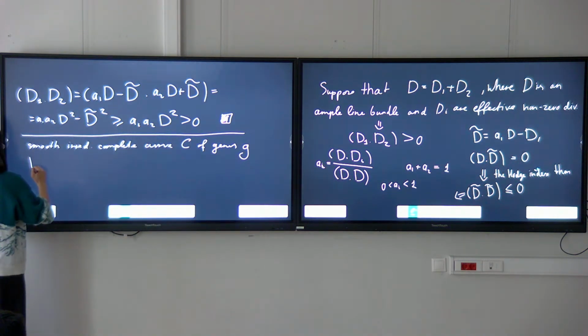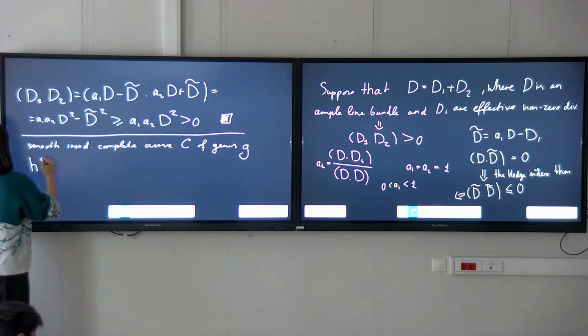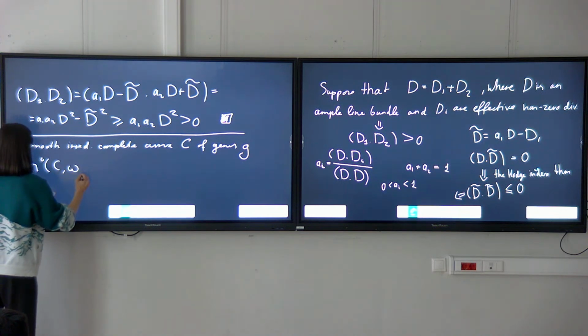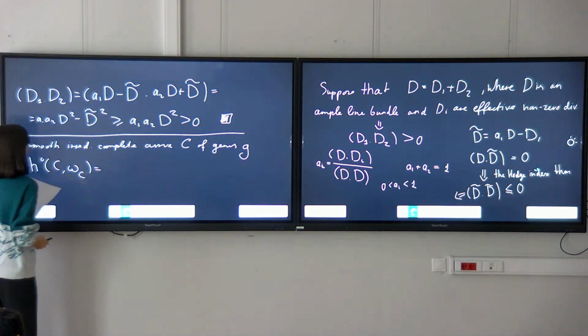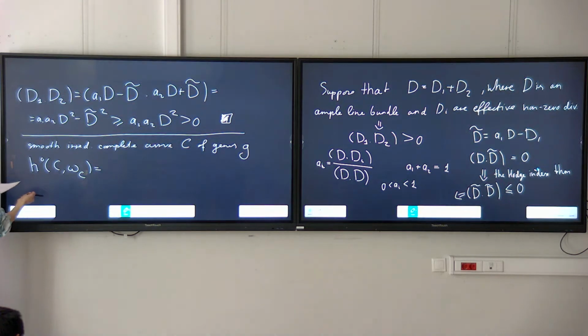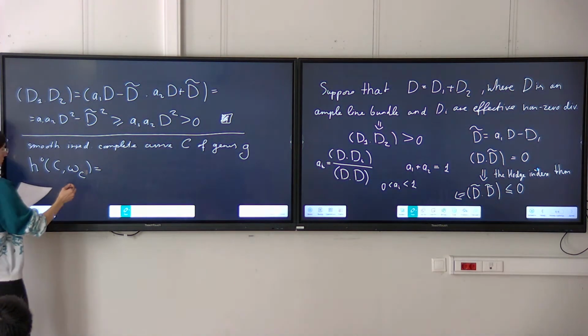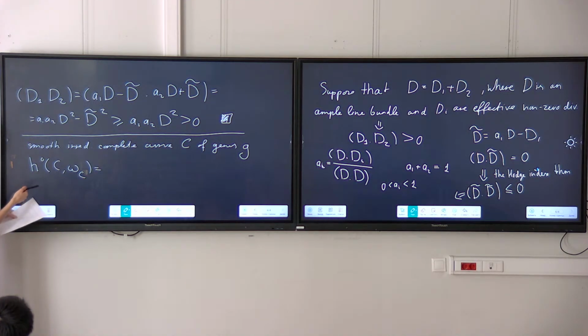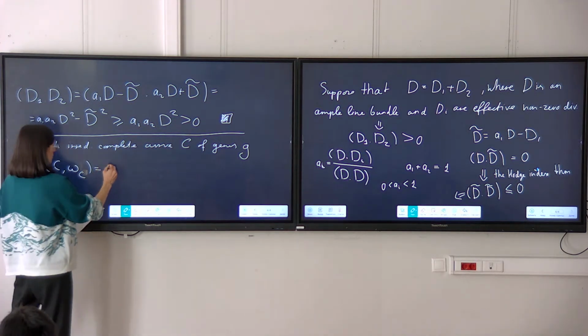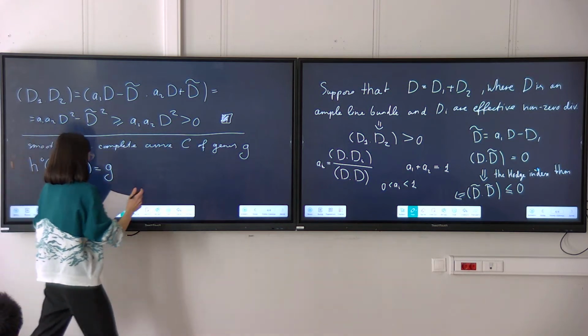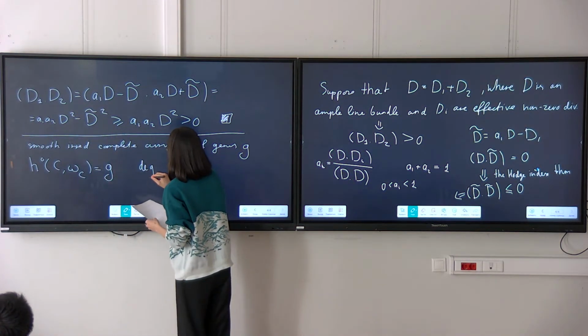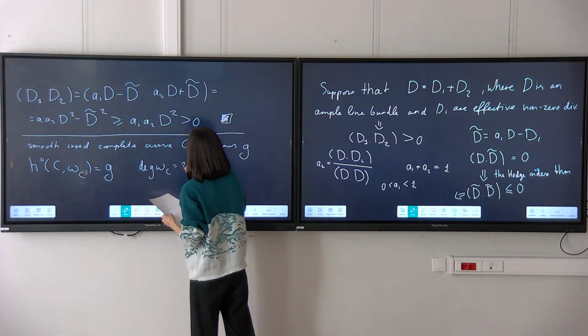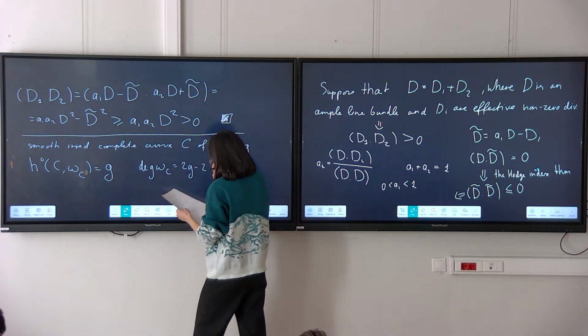Then the space of global sections of its canonical bundle has dimension g, and the degree of the canonical bundle is 2g minus 2.